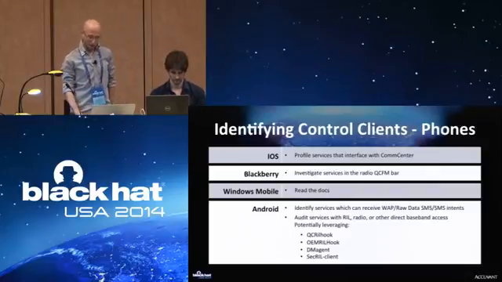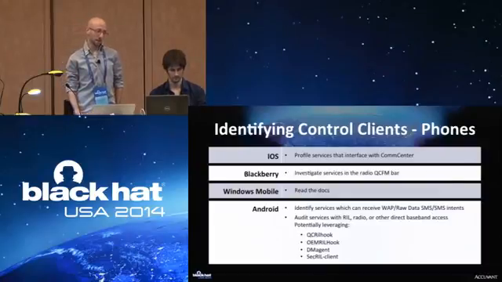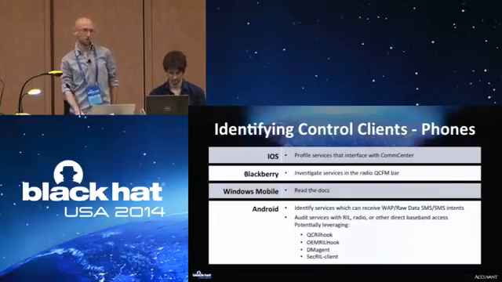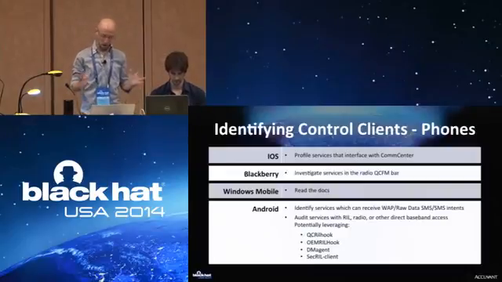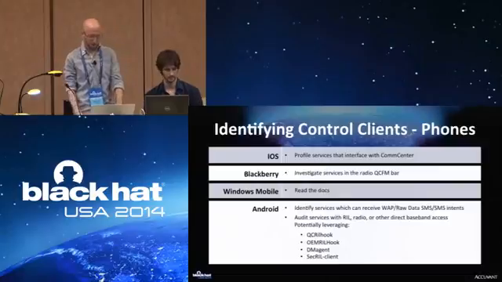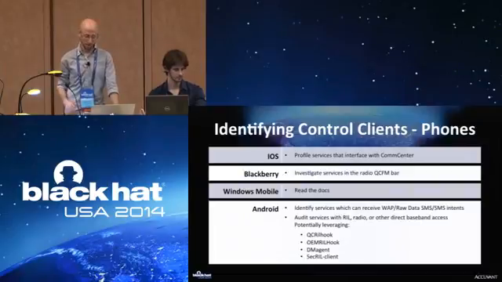Now Android. Android is a little bit of a pain because it can be anywhere on this guy. Renamed, how it's inserted, it's everywhere and nowhere. So what we recommend is identify any services that receive WAP data or raw data SMS or just SMS themselves.